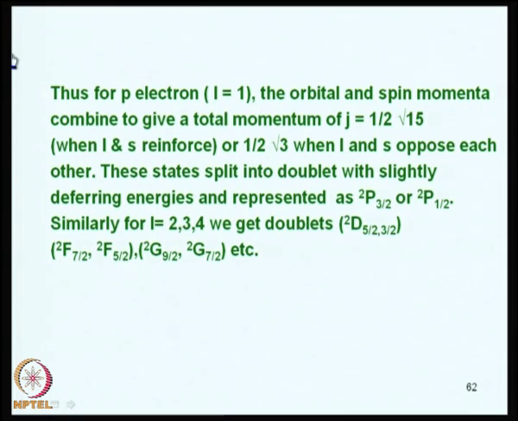So, for a p electron, the orbital and spin quantum numbers can combine to give total values of J, 1 by 2 into root 15, where L and S reinforce, or 1 by 2 into root 3, when L and S oppose each other.